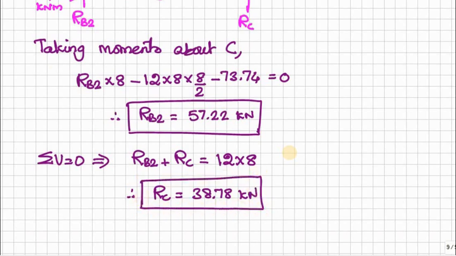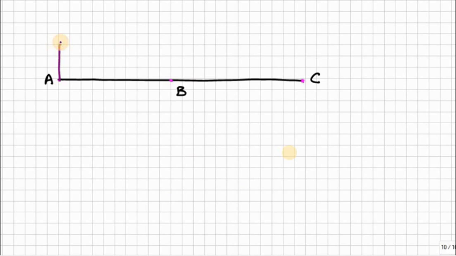Now we can draw the shear force diagram. First, specify the reaction at support A in the upward direction. Then there is no change in load, therefore a straight line. Now 80 kilonewton is acting down, therefore 80 down. Now there is no change, therefore a straight line.